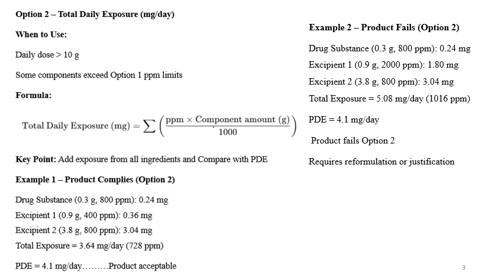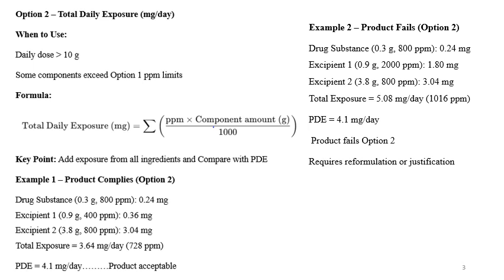Then 3.8 gram into 800 ppm, it will become 3.04 mg. Do the summation of all, it is coming 5.08 mg per day, that is 1016 ppm. And what is the PD? PD is 4.1 mg per day. So your exposure is more. That's why the product is failing option 2.